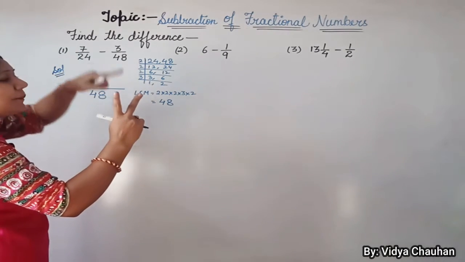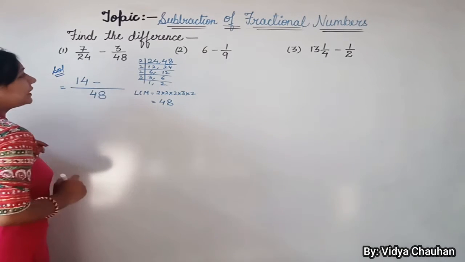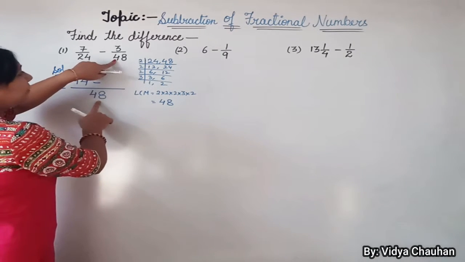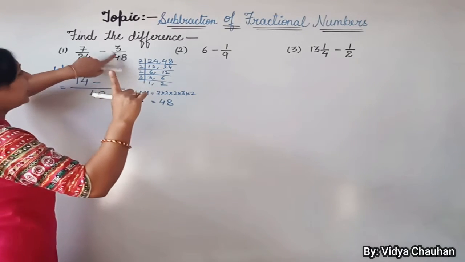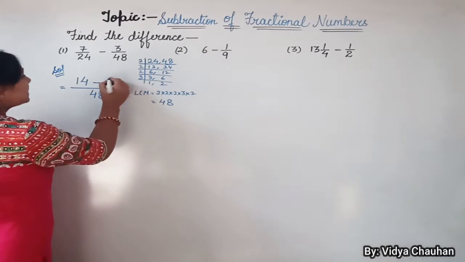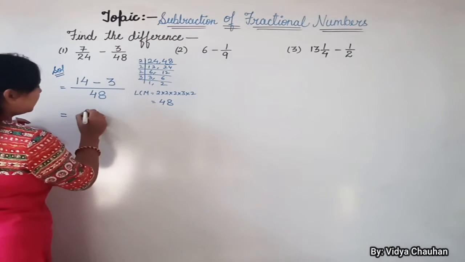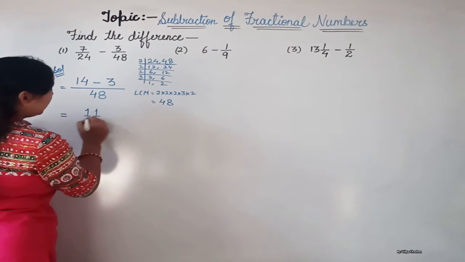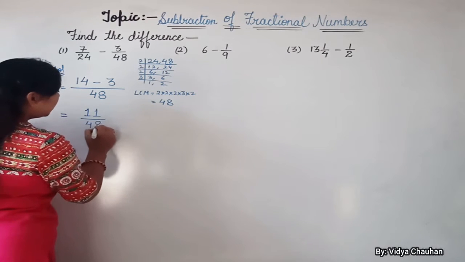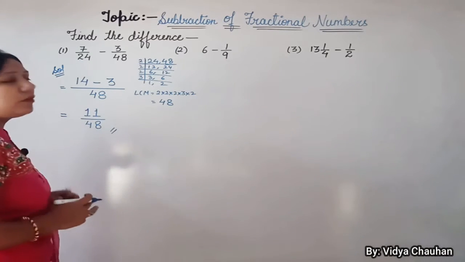So 7 multiplied by 2 is 14. Minus sign. 48 divided by 48 is 1, and multiply the numerator 3 with 1. So 3 ones are 3. What will be your answer? 14 minus 3 is 11. So your final answer for the difference of these two fractions is 11 upon 48.